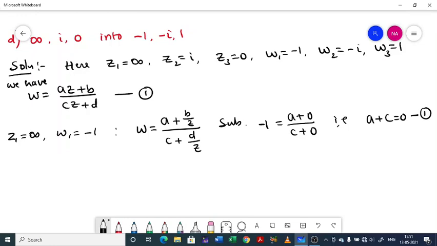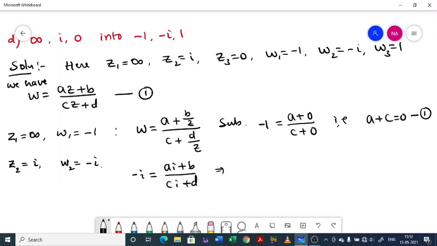A plus c equal to 0, that is equation 1. Next, we don't have the infinity case, so we can directly carry on as usual in the previous problems. So z2 is i and w2 is minus i. So we will get minus i equal to ai plus b divided by ci plus d.